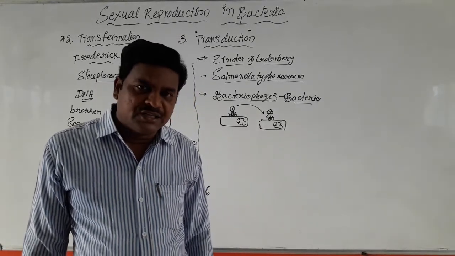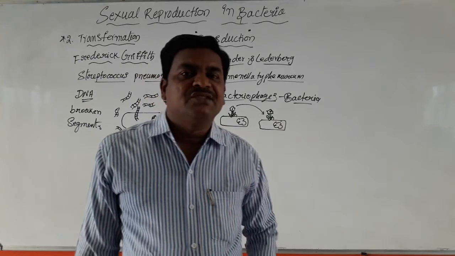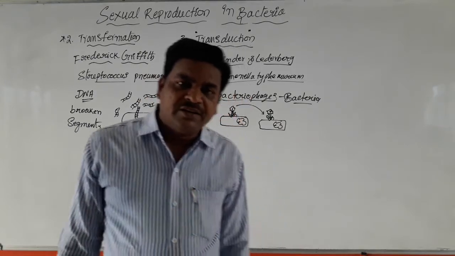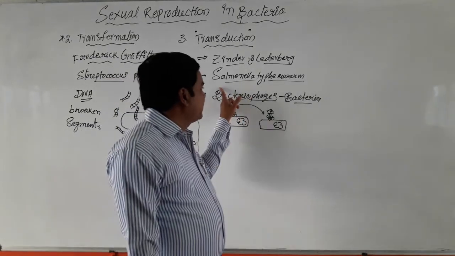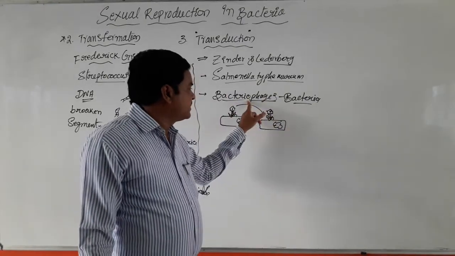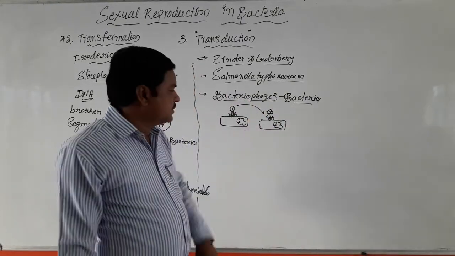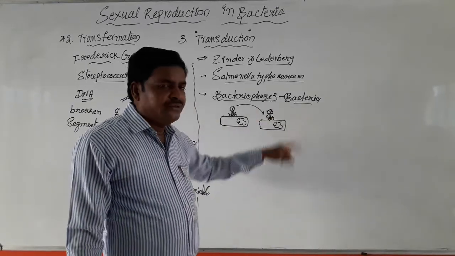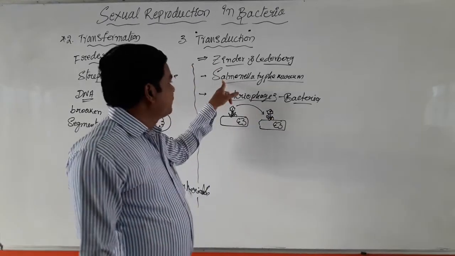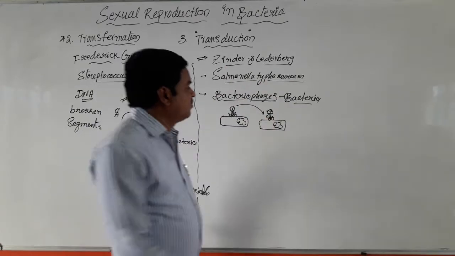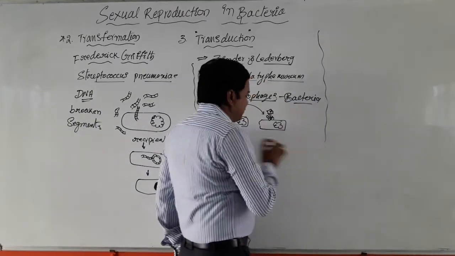What type of viruses? Bacteriophage viruses. What are bacteriophage viruses? The viruses that attack bacteria and infect bacteria are considered bacteriophages. First described by Zinder and Lederberg in Salmonella typhimurium.